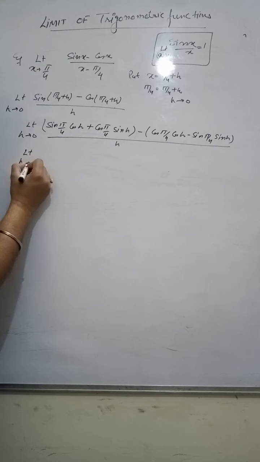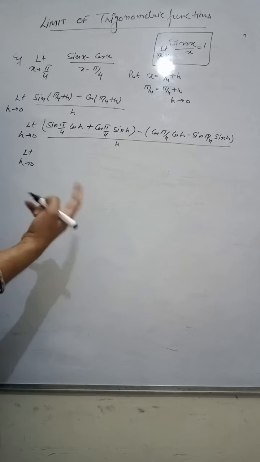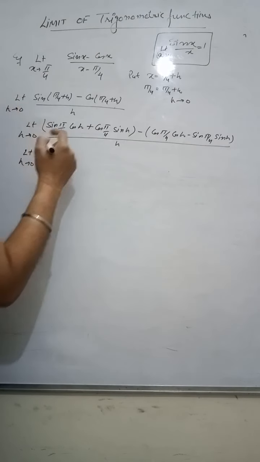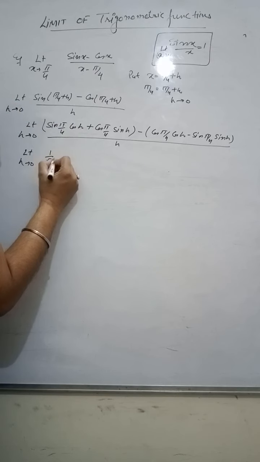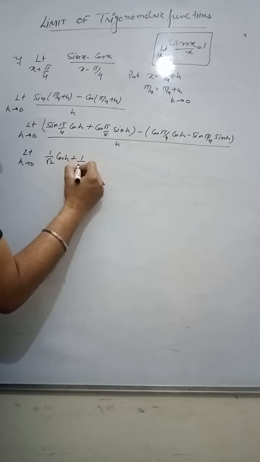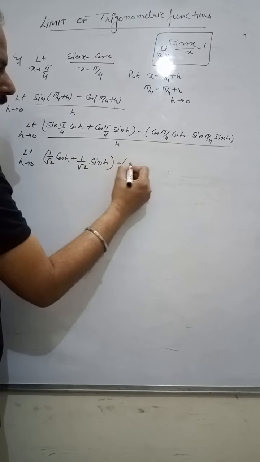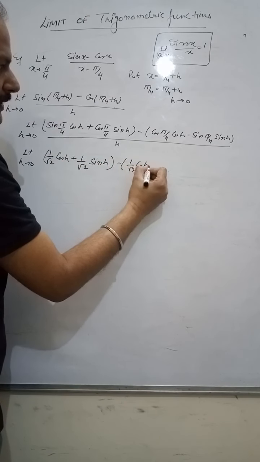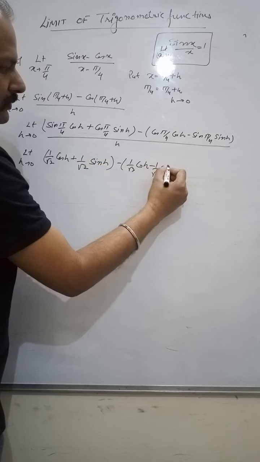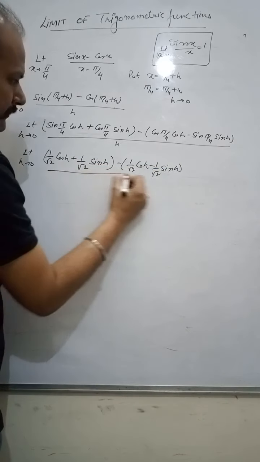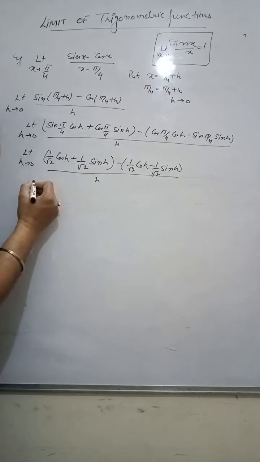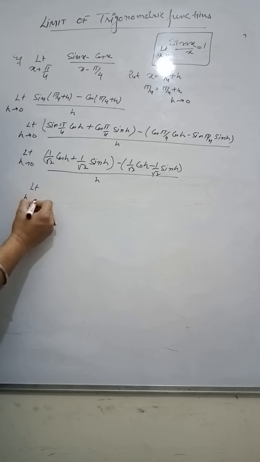If I substitute the values, sin pi by 4 is 1 by root 2 and cos pi by 4 is also 1 by root 2, it becomes 1 by root 2 cos h plus 1 by root 2 sin h, minus 1 by root 2 cos h plus 1 by root 2 sin h... that is, 1 by root 2 cos h minus 1 by root 2 sin h, over h. What does it turn down to?